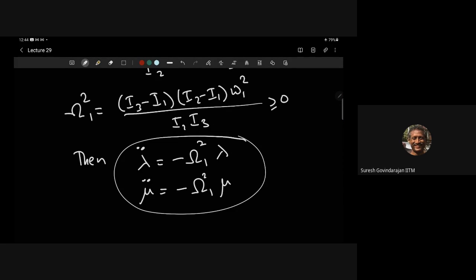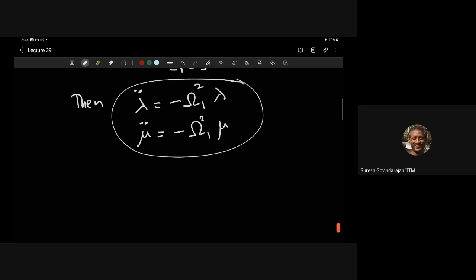Okay, so what would you decide? What does that mean? What is the solution to lambda? First equation.